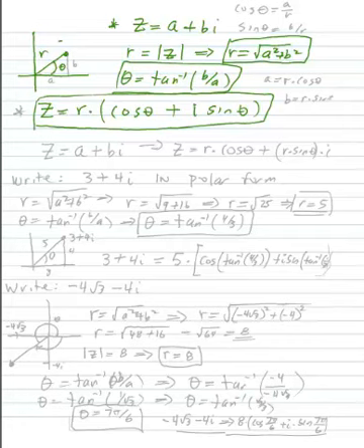Because if we remember from our right triangle trigonometry, the cosine of theta is a over r, and the sine of theta is b over r. And so then solving each of those for a and b, we would come up with a is r times the cosine of theta, and b is r times the sine of theta.